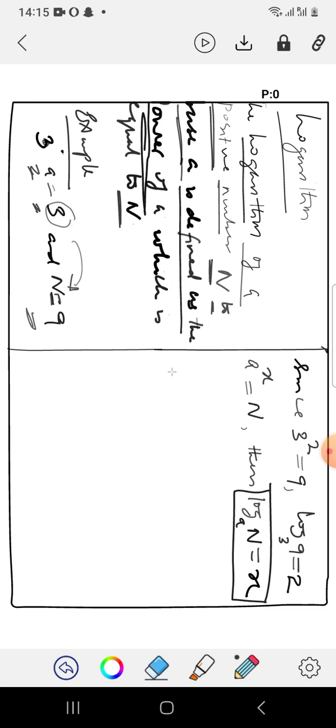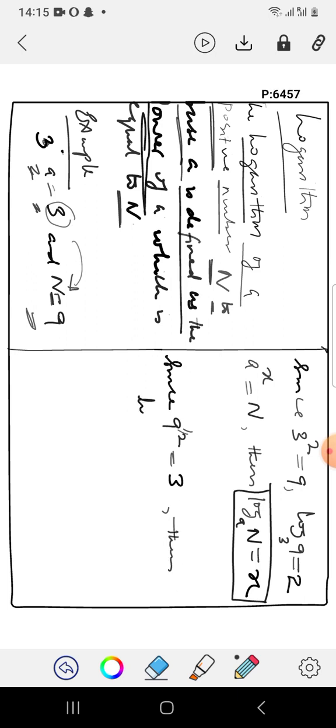This is a little bit weird. We say since 9 raised to the power half, that's the square root, equals 3, then what does that tell us?